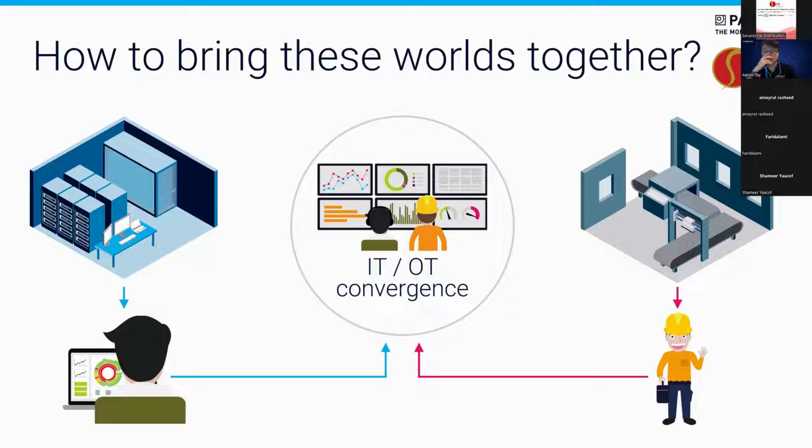Let me give you a very simple example. If an industrial control system is using an industrial PC, will this fall under IT or OT? Although it's an industrial PC, it's still a PC, an IT equipment. So which one does it fall under?